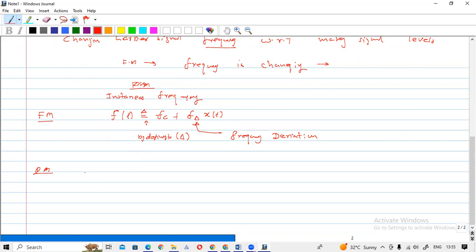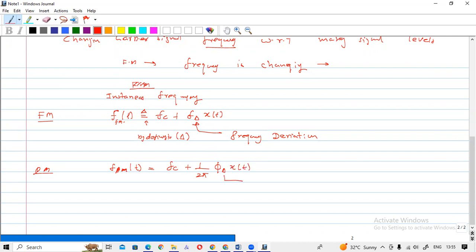This is for FM; for phase modulation, the instantaneous frequency is defined as f_c plus 1/2π φ_delta x'(t).